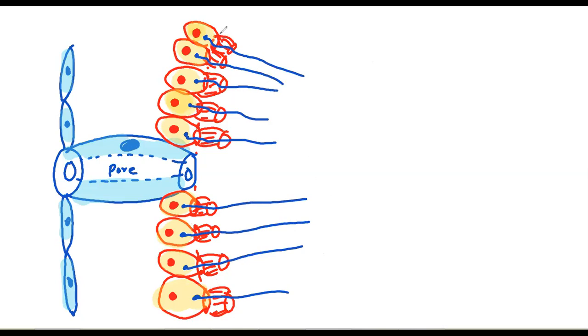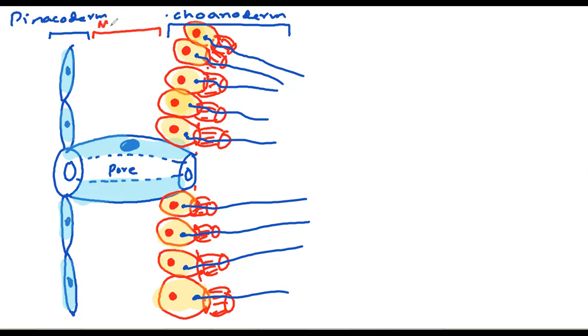So this layer is called the pinacoderm, and this layer is called choanoderm. In the middle, this layer is called mesoglea. Okay, why?